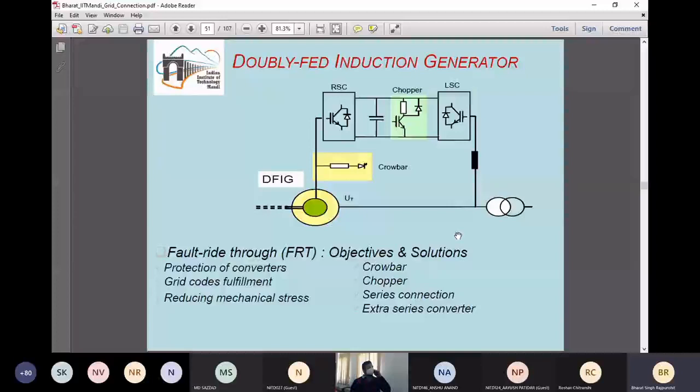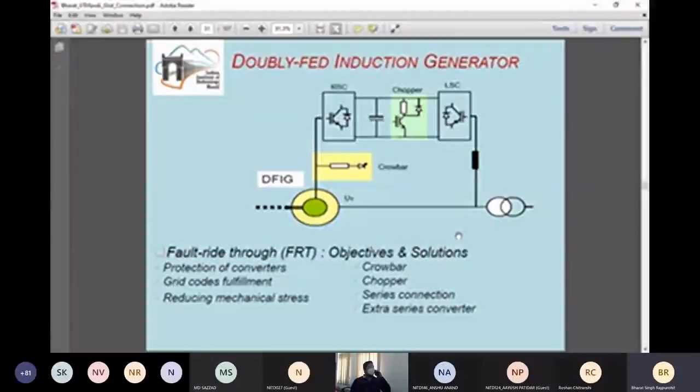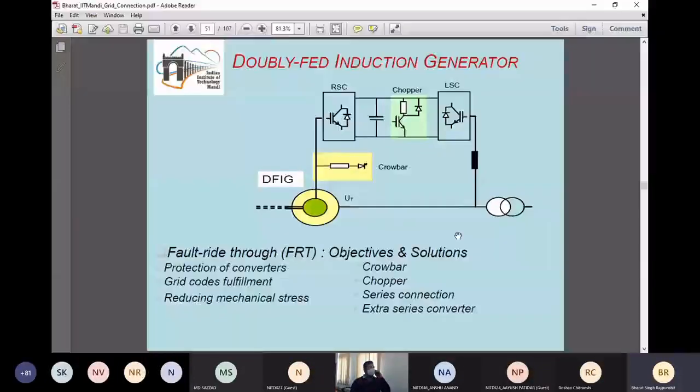Now you are also able to see that the rotor side converter can utilize this DC link bus voltage to insert reactive power into this doubly fed induction generator. It means it is acting as a static compensator, and hence the reactive power for this doubly fed induction generator is coming from the rotor side converter into the rotor circuit, and it is not utilizing reactive power from the grid side, and hence from the grid it can be treated as zero reactive exchange.